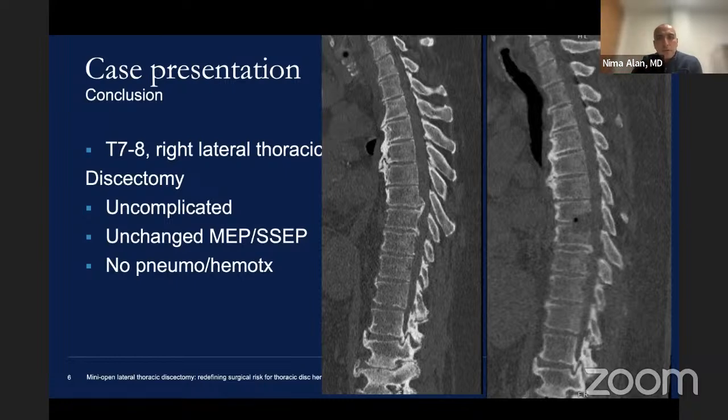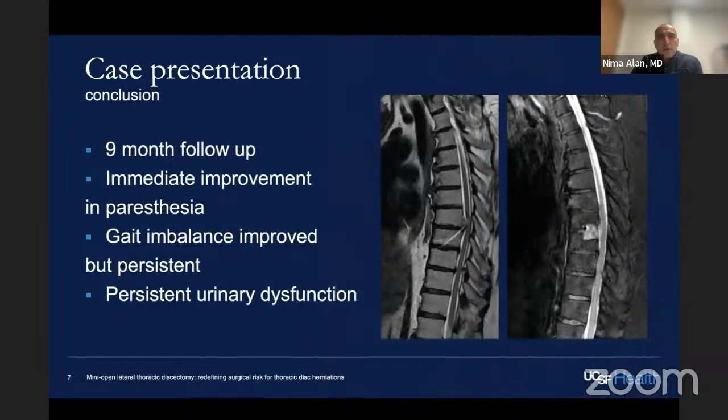No pneumothorax or hemothorax postoperatively. At 9-month follow-up, there was an immediate improvement in the paresthesias and some gait balance improvement, but it still was persistent. He did go from using a walker to using a cane, and his urinary dysfunction preoperatively persisted and did not improve.